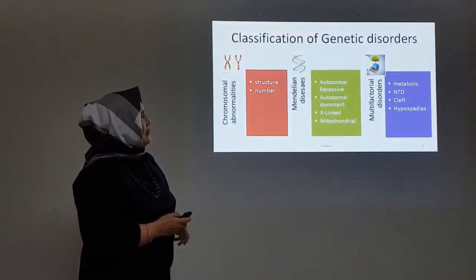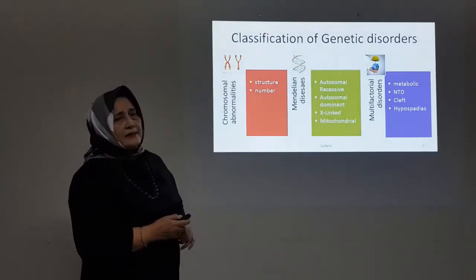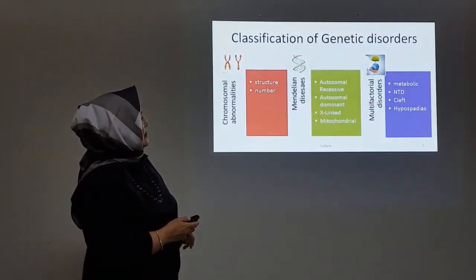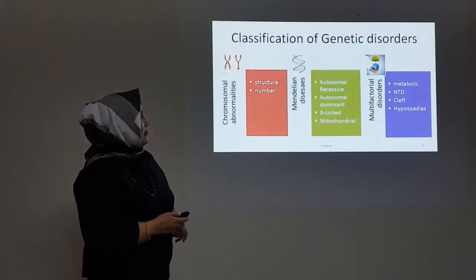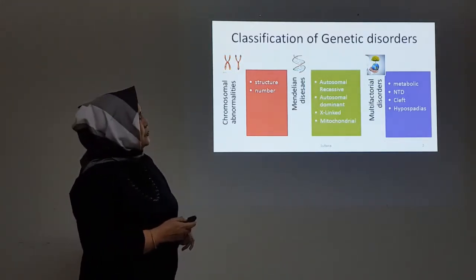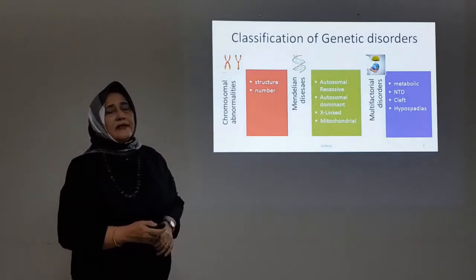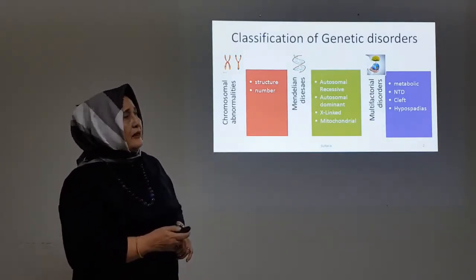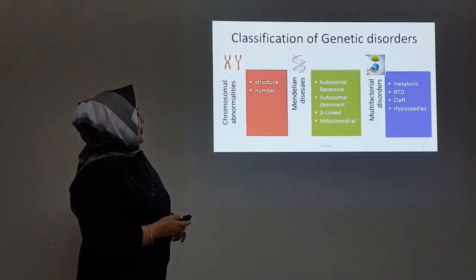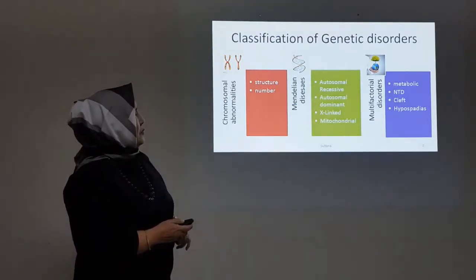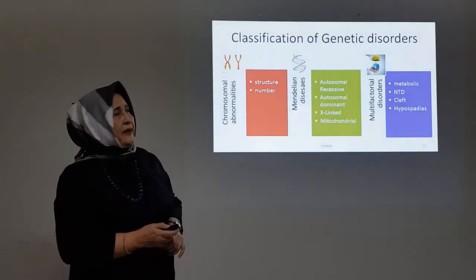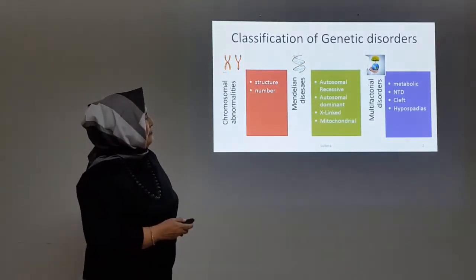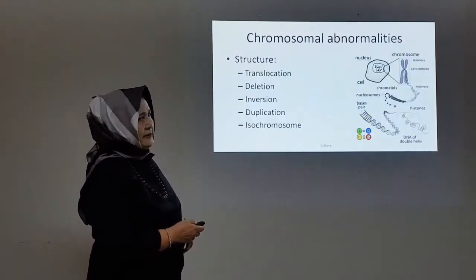The example like metabolic disease such as diabetes mellitus and other heart disease, and then neural tube defects such as anencephaly and spina bifida, and also other brain abnormality like meningocele and encephalocele. And then cleft can be cleft palate, cleft lip, and then Harris barrier.